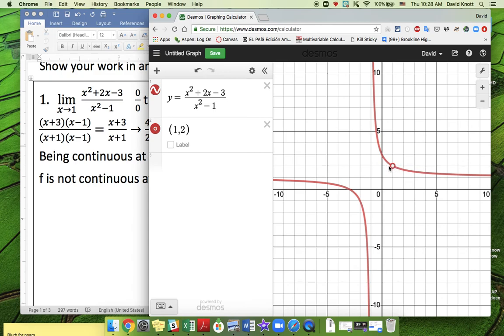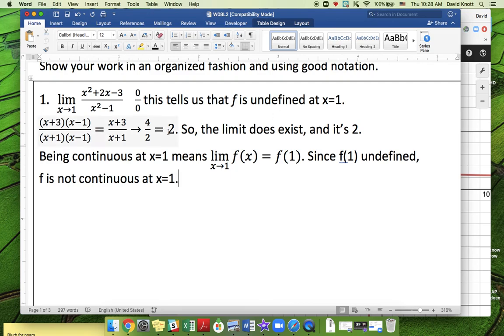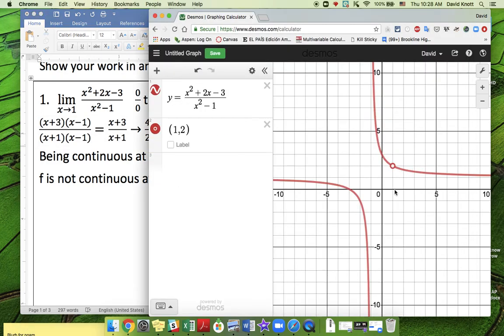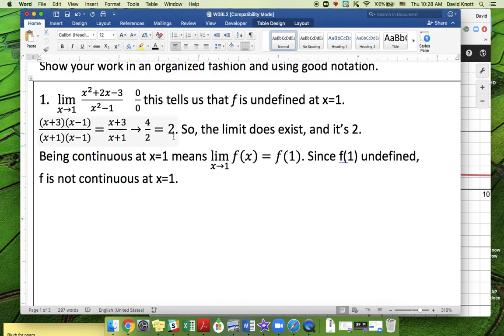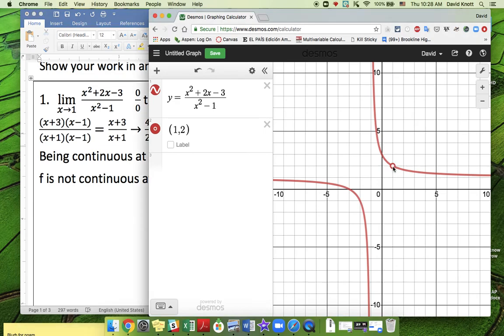Like I can't fill this in because that would be implying that the function is defined at x equals 1, and it's not. However, the limit does exist, right? Even though the function is not defined at x equals 1, nonetheless, the limit as x approaches 1 does exist, and it's 2.